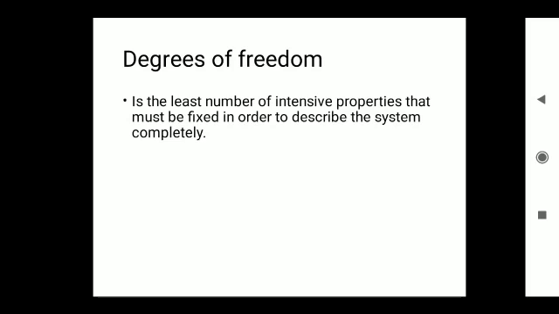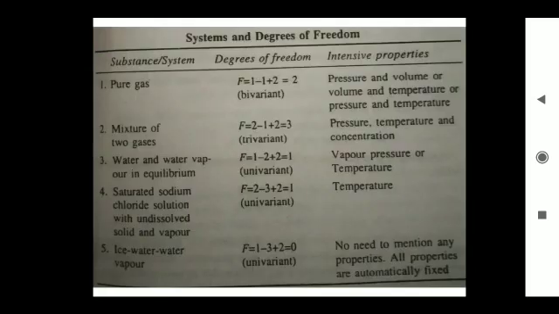For the ideal gas equation, PV is equal to RT. The variables are pressure, volume and temperature. By observing the following examples, you will consider the degrees of freedom.